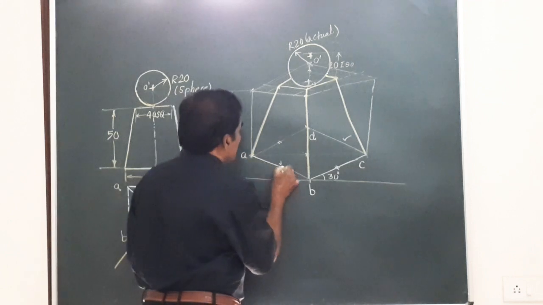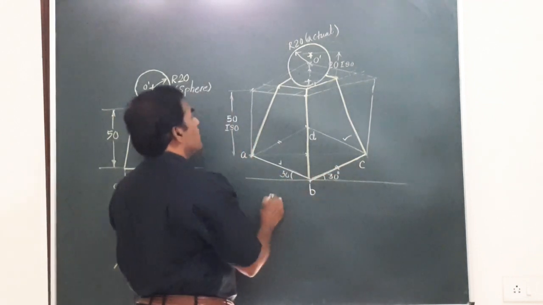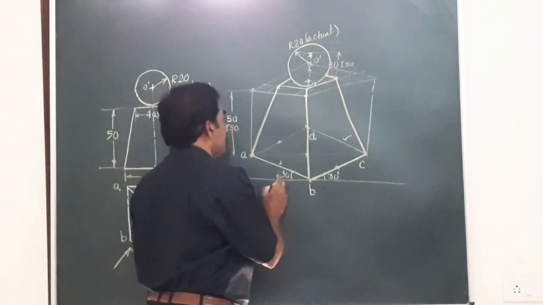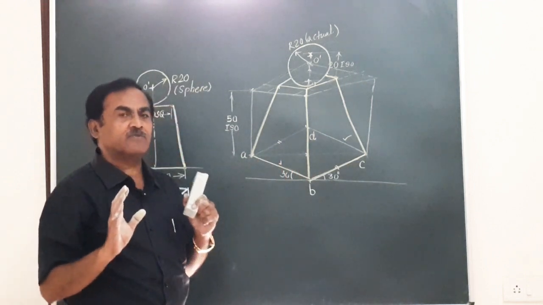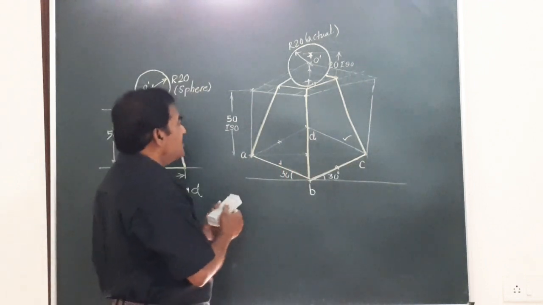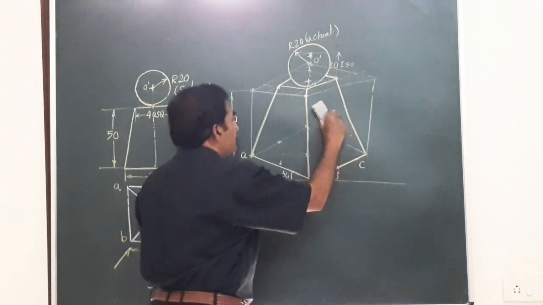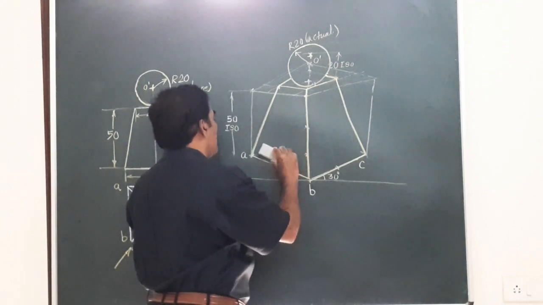The front edges AB and BC are also visible. What is not visible in this figure are these two base edges, namely CD and AD. They are not visible to the observer. Hence, these two can be shown by very thin line or to get a beautiful figure in the isometric projection, you can even omit them.